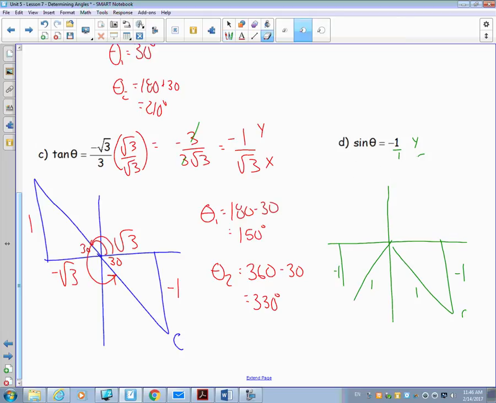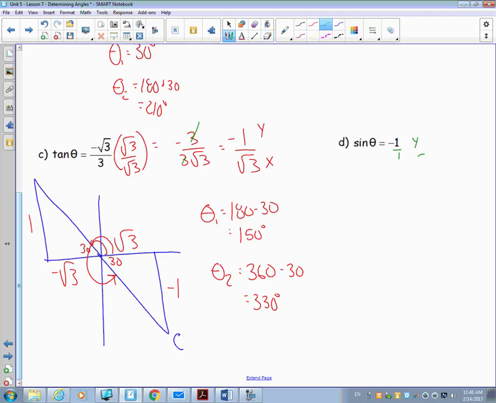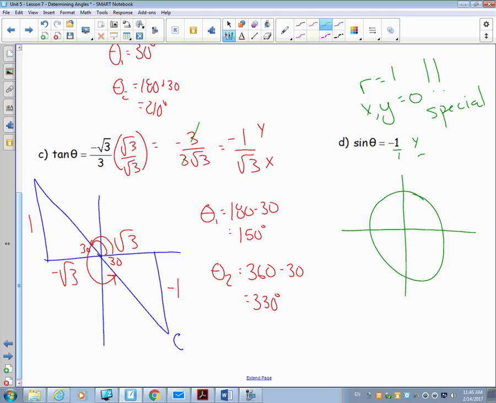As soon as you ever come across R being 1, or X or Y being 0, that's special. That means it's on the circle. So let's draw the circle. Important points in the circle. When R is 1, we got 1, 0, negative 1, 0, 0, 1, 0, negative 1.